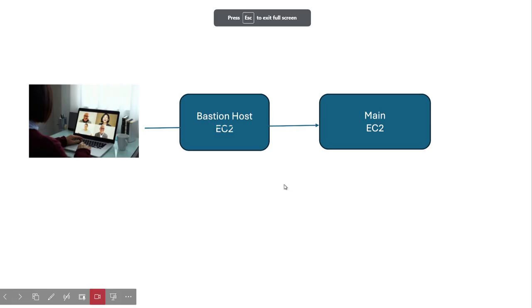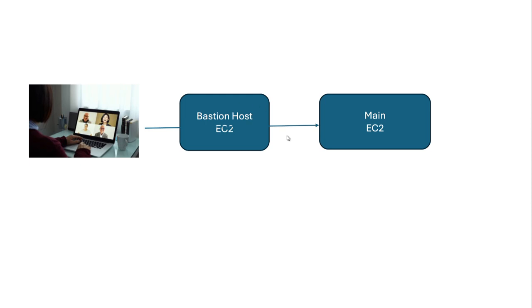Basically, a Bastion Host is nothing but an EC2 instance. Normally, when you go to a project and start working, the EC2 instance that has been provided to you will be a private instance, so you cannot access it from the public internet.